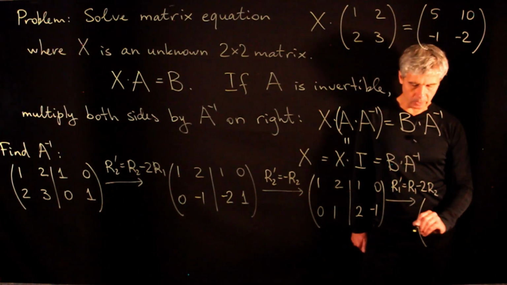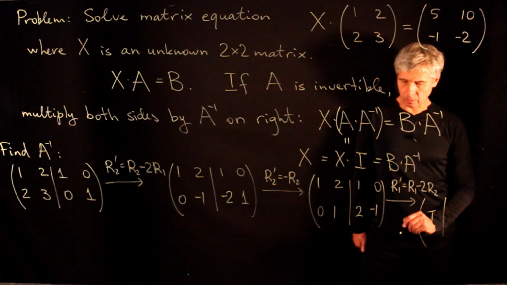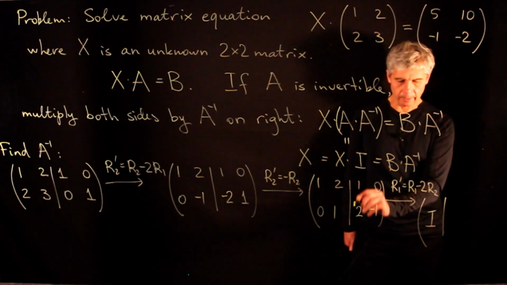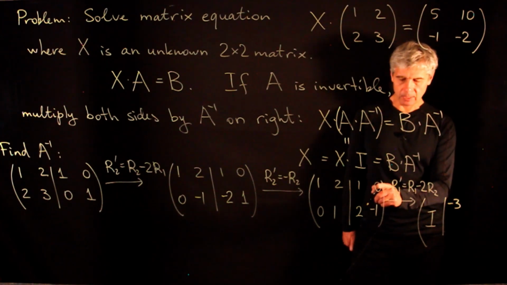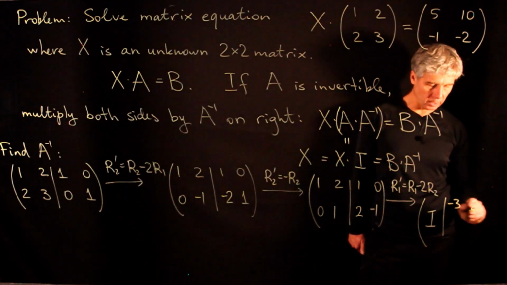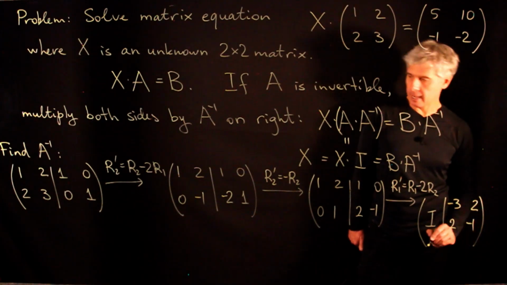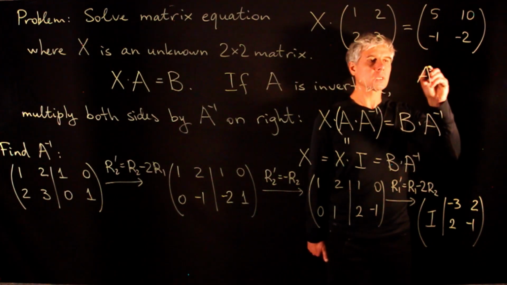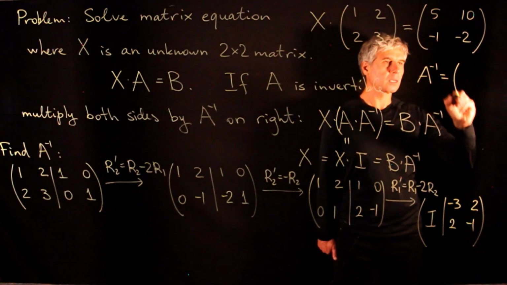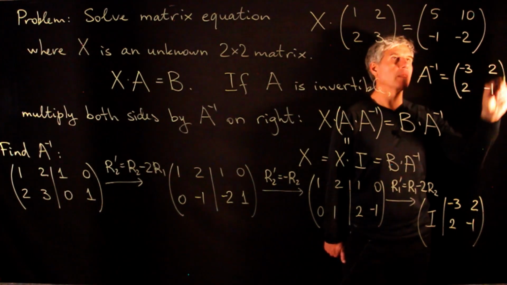Here we get the identity matrix on the left, and on the right we get 1 minus 4, that's negative 3, then 0 plus 2, that's 2, and 2, negative 1. This tells us that A inverse is the matrix negative 3, 2, 2, negative 1.